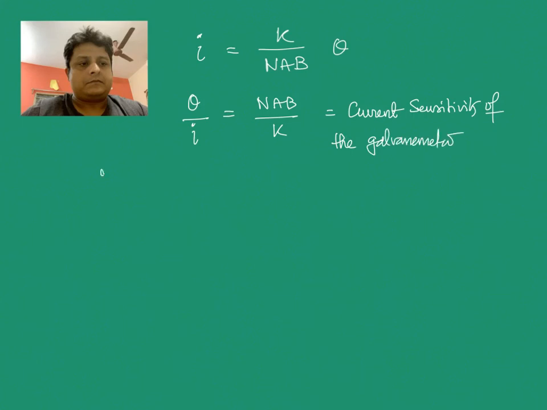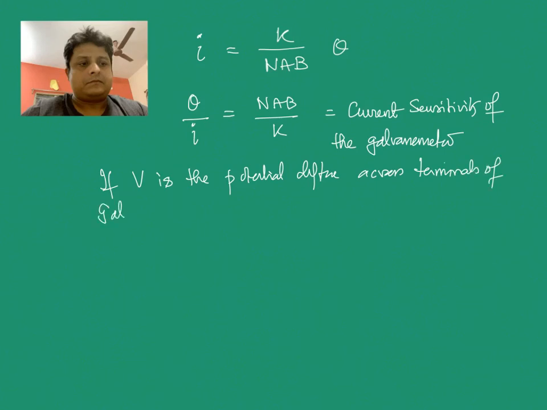Now, if V is the potential difference across the terminals of this galvanometer, that is V is equal to I multiplied by R, where R is the resistance of the galvanometer.